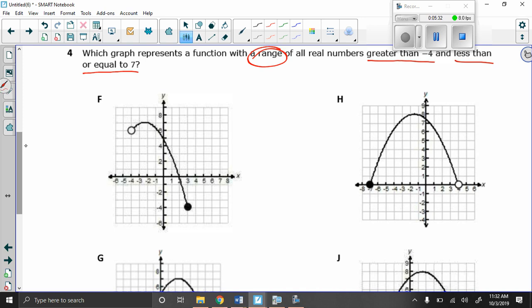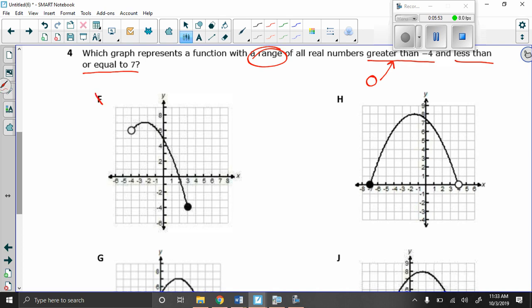So our lowest point needs to be greater than -4. We see greater than, there's no equal to there, so I'm going to have an open circle at -4.